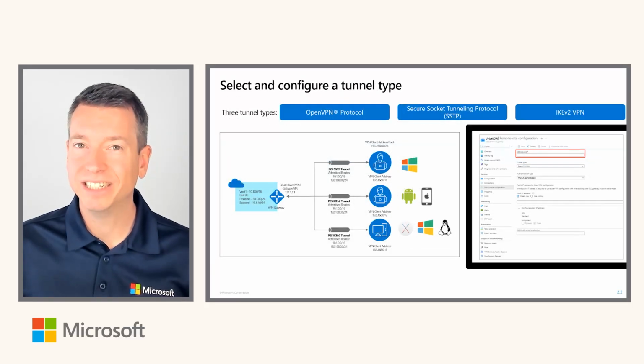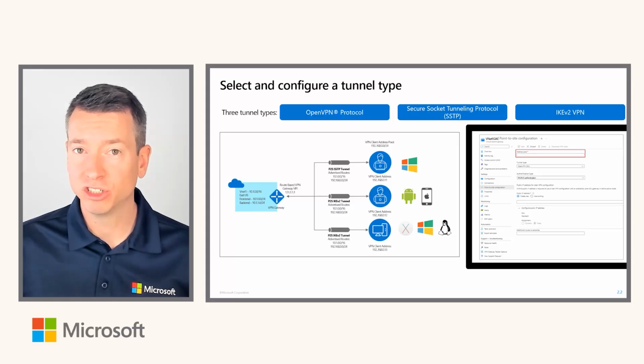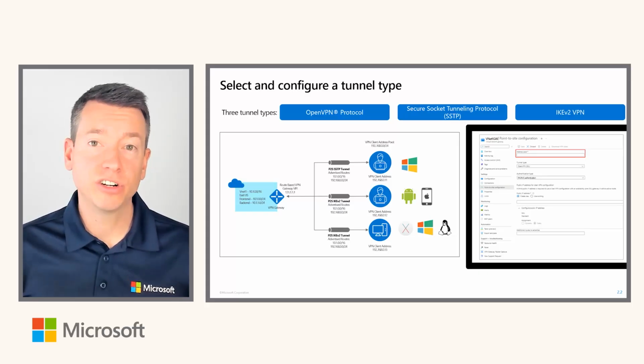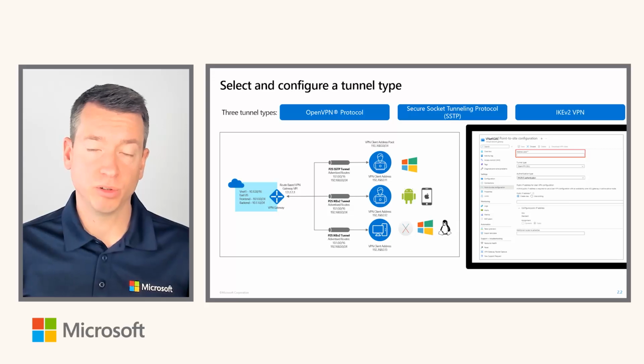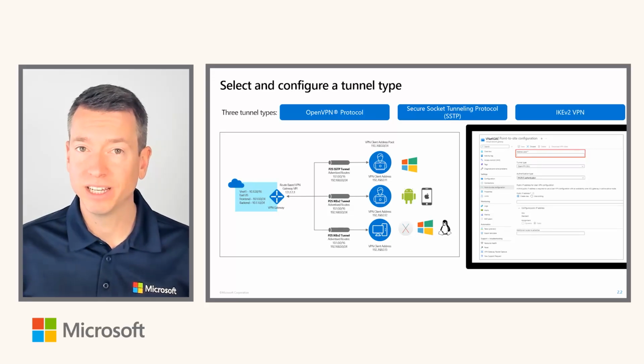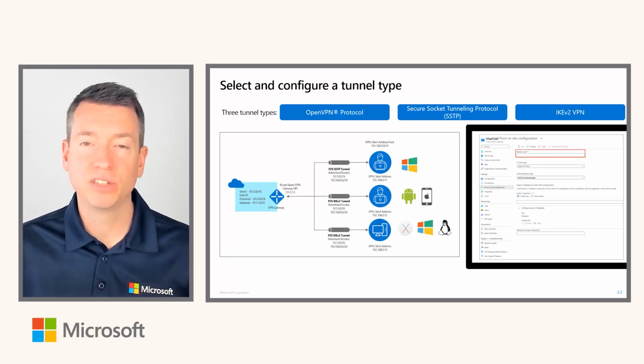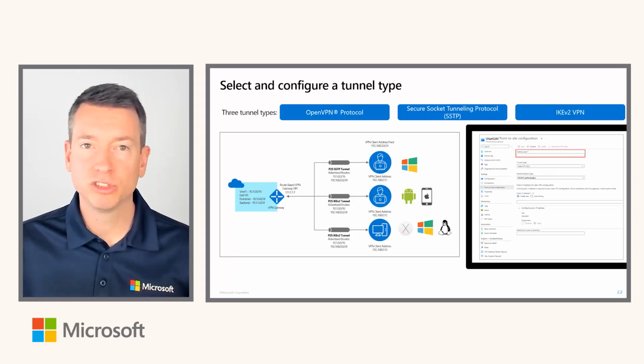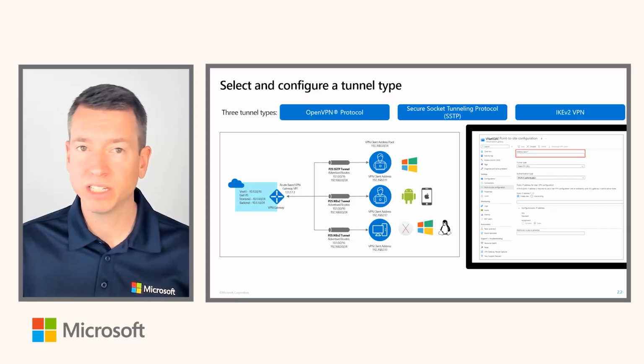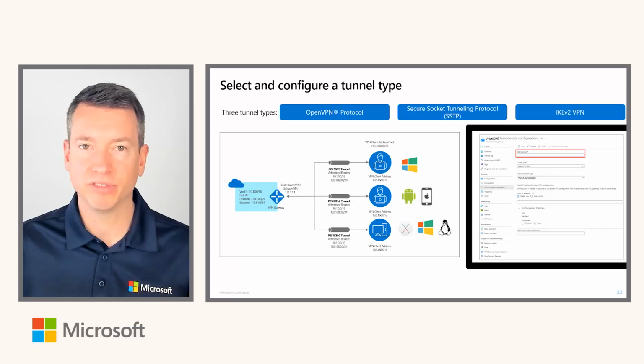Now, don't mistake the difference between these specific protocols. Internet Key Exchange version 2, IKEv2, is the first option for the tunneling protocol. The OpenVPN protocol is an SSL/TLS-based VPN protocol and can be used to connect from Android, iOS, Windows, Linux, and Mac devices.